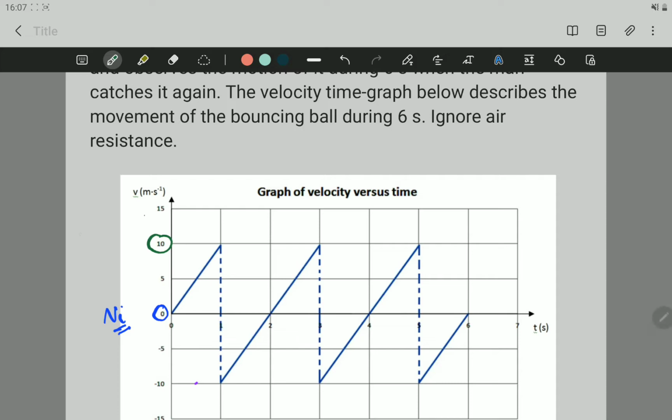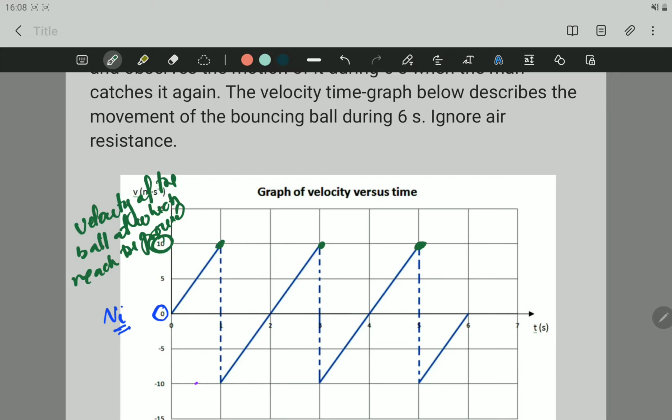So all these points on the graph represent the velocity at which the ball reaches the ground.